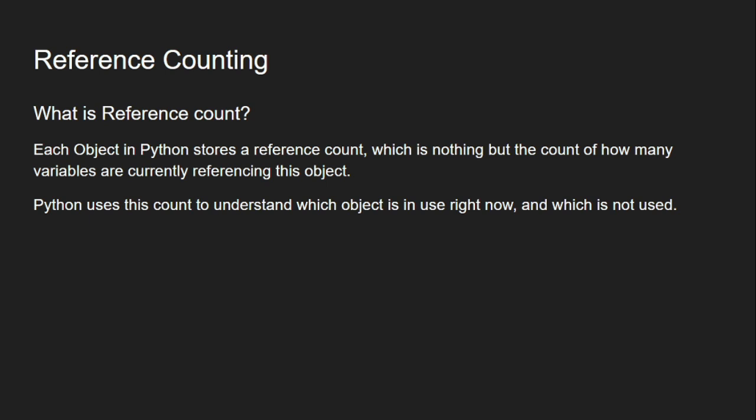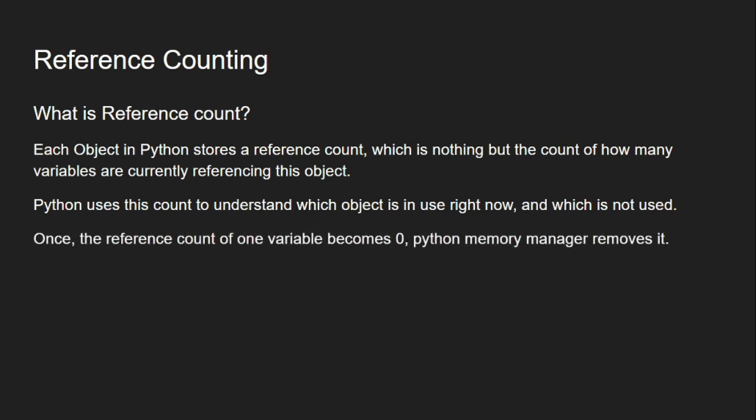Through reference counting, the Python memory manager checks which objects have a reference count of 0. If an object has a reference count of 0, that means nothing is using it, so the Python memory manager removes that object. That is how it deallocates memory.